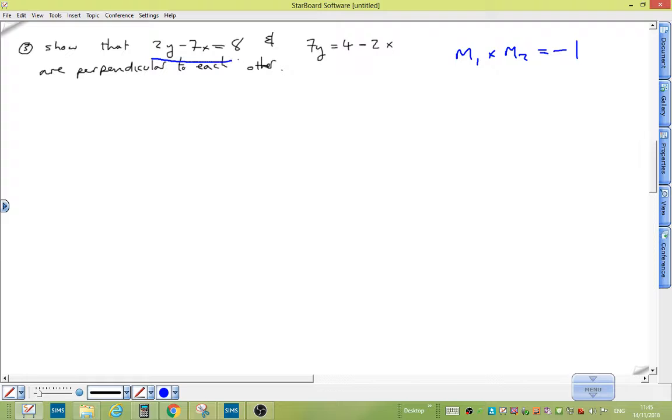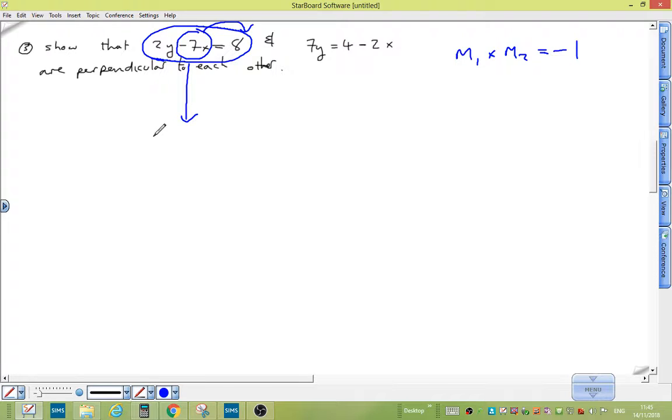Well, we have to rearrange this first graph to get it in the format of y equals mx plus c. Only then can you actually state the gradient. The y's are positive there, so they're going to stay there, and I can't have that there, so I throw it over to the other side and it changes the sign.